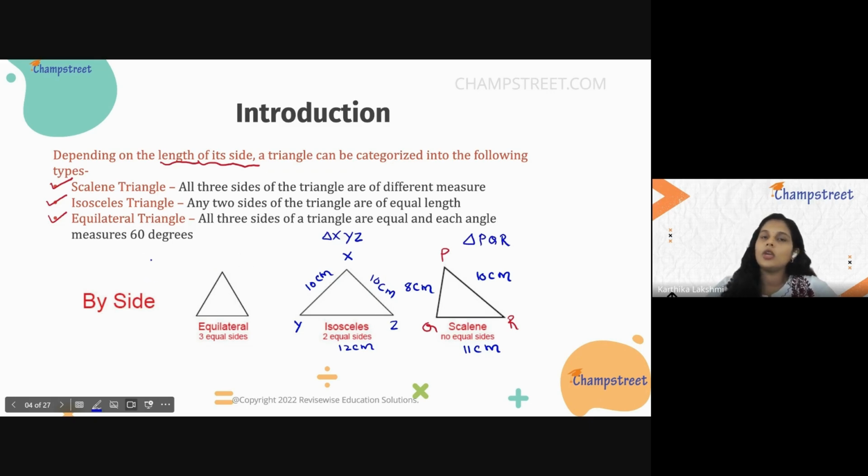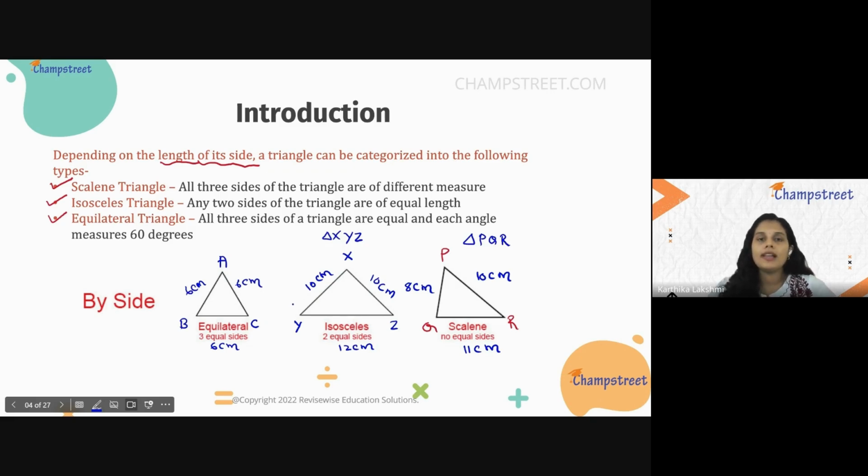The last one, equilateral. There are two properties. And I'm going to name it as ABC. Okay. So in an equilateral triangle, all 3 sides of the triangle are equal. For example, this is 6 centimeter. This is 6 centimeter. And this also 6 centimeter. So all the 3 sides are of equal length. That's the first property for an equilateral triangle.